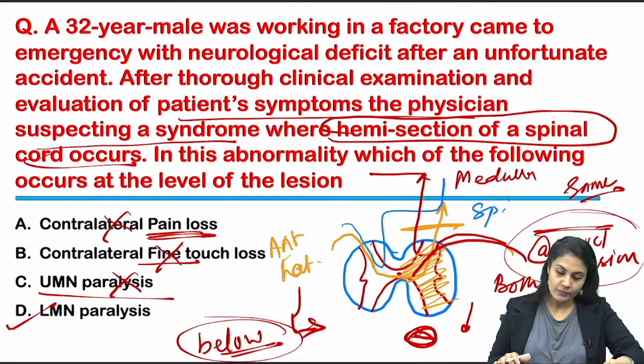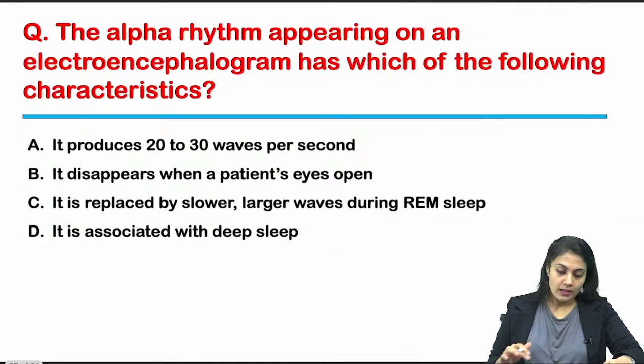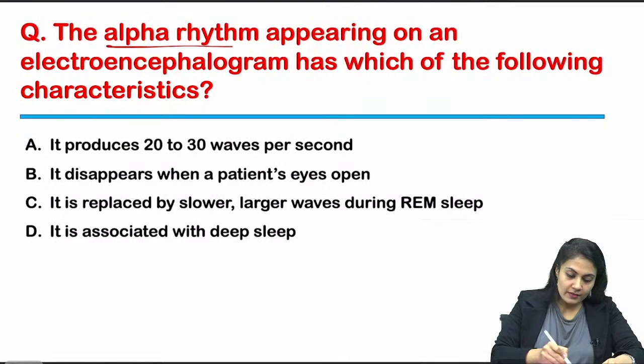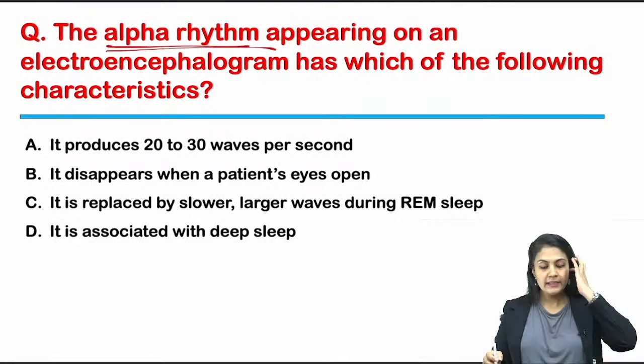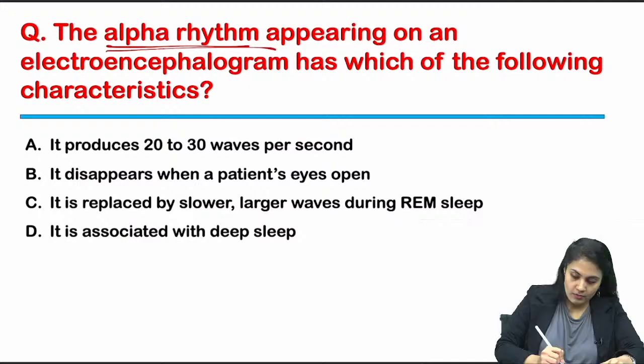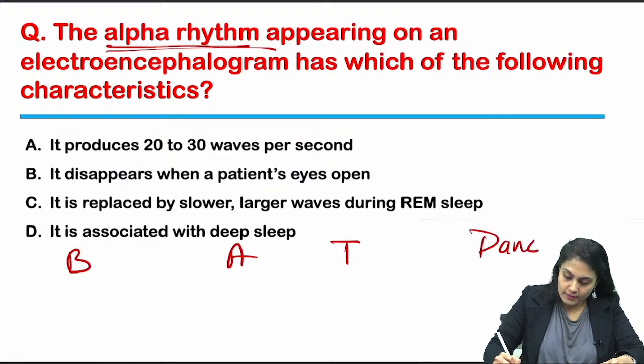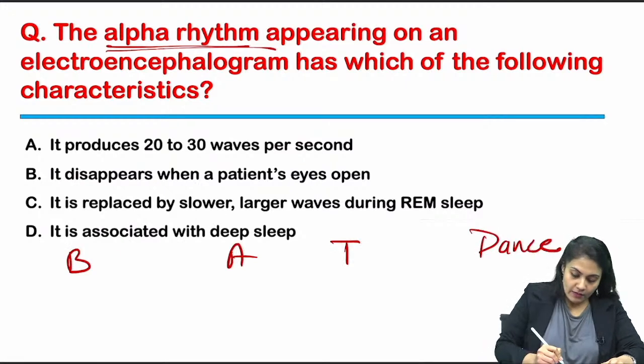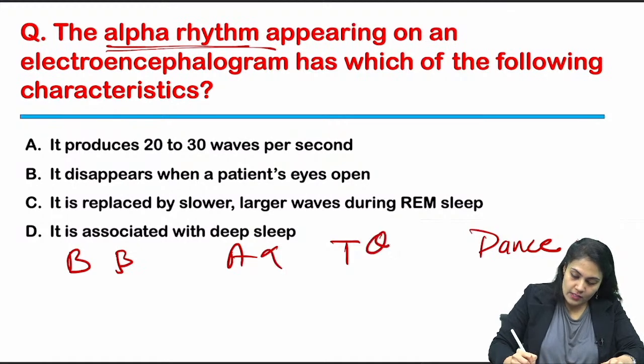Okay, let's move on. Next question: the alpha rhythm appearing on the EEG, the following characteristic. Let's write all the things. BADTA, what is that? That is nothing but the beta wave, alpha wave, theta wave, and D is for delta wave.